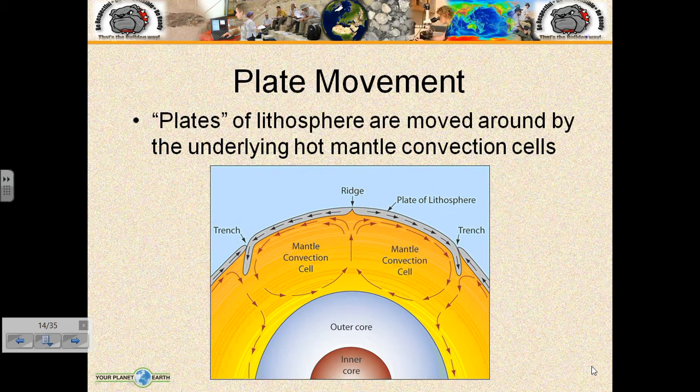Now, once again, the plates of the lithosphere are moved around by the underlying hot mantle, which includes the asthenosphere. The convection cells cause something called convection currents, which allow these plates to move around.